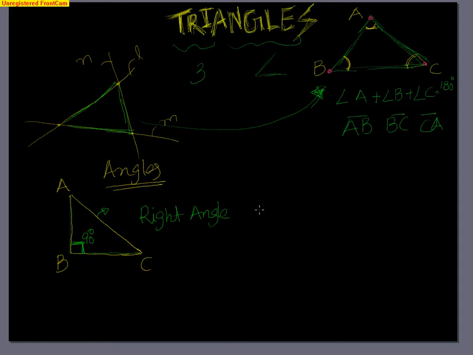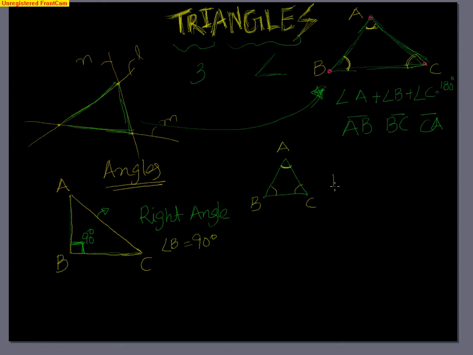Now what are the other triangles? Suppose all the angles are less than 90 degrees. All the three angles, that is A, B, C. Here we said angle B is equal to 90 degrees.